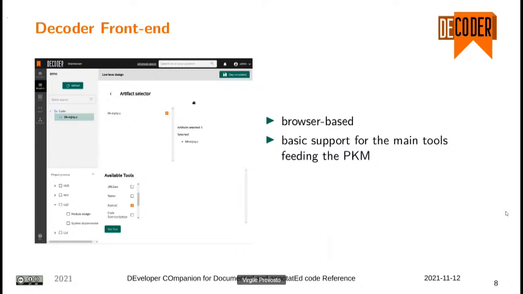So finally, the main front end of the PKM comes in two flavors. One is browser-based and provides basic support for the main tools that feed the PKM. And by the end of the project, it should be able to interact with the process engine instead of directly with each of the individual tools, so that it's possible to have complete sessions done directly through the process engine and not by activating a certain number of tools in sequence.